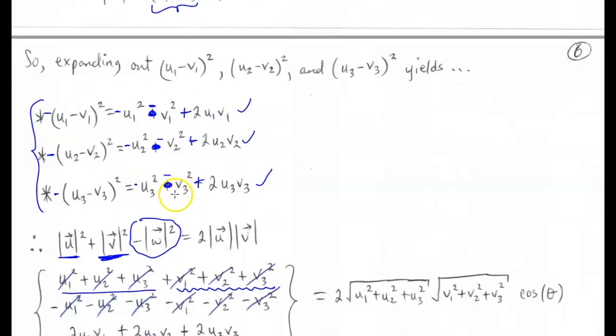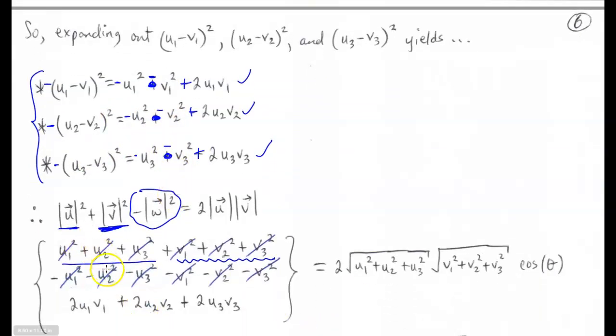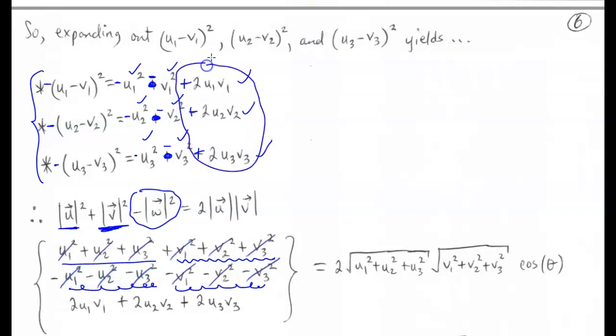If we implement that down here, then for u1, u2, u3, v1, v2, and v3, all those squared, that would be what you're seeing here. So we've got minus u1 squared, minus u2 squared, minus u3 squared, minus v1 squared, minus v2 squared, minus v3 squared. So that's all these, and the only thing left are these 3 terms here.